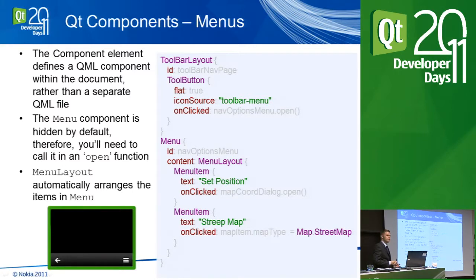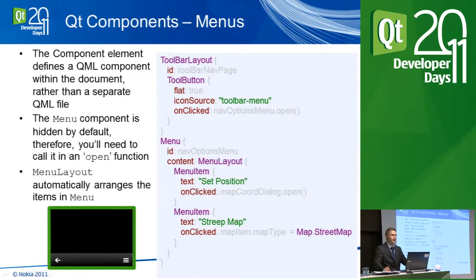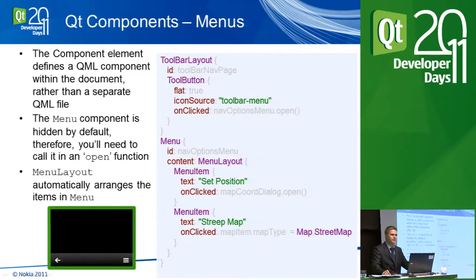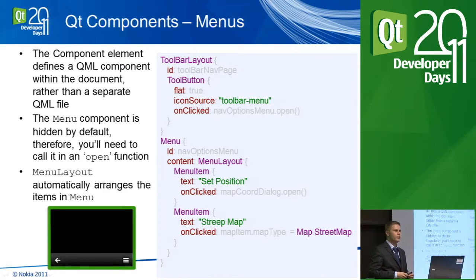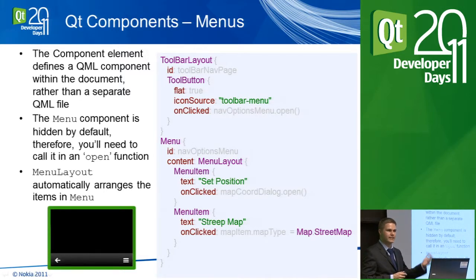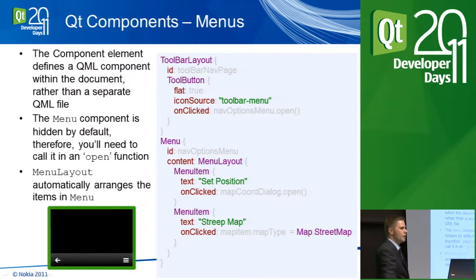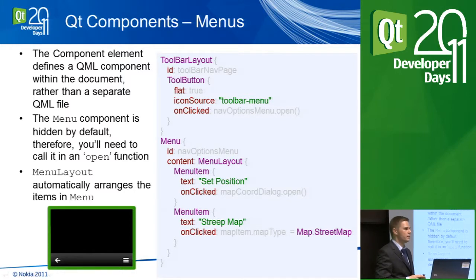The declarative model makes it really easy to implement these kinds of structured elements, like menus, for example. You don't have to worry about populating your menu with different items, creating the menu, creating the items, adding them to menu, adding the menu to window, things like that. You just describe what you want, and QML takes care of it.